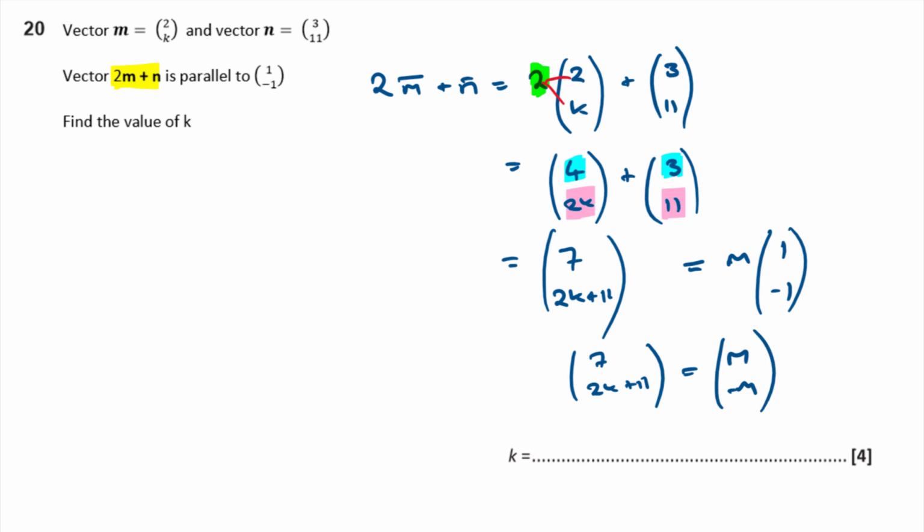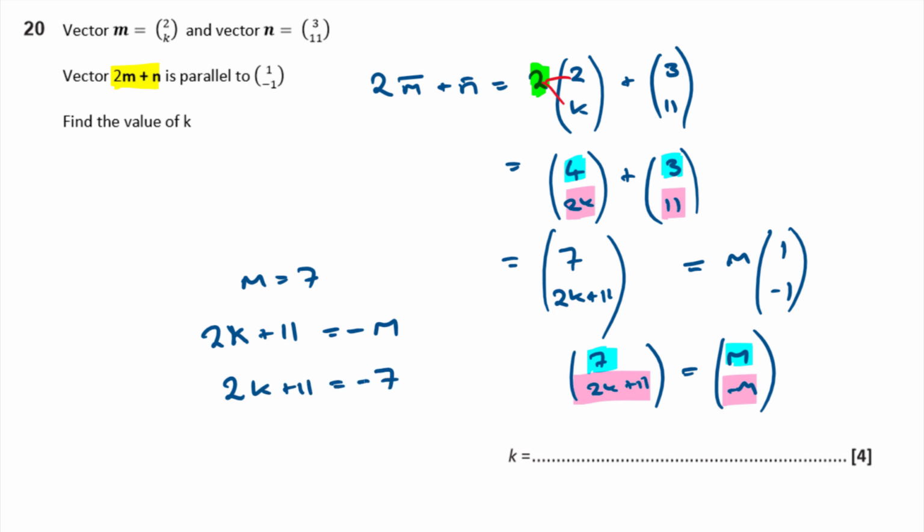If I compare the top numbers, I can see that m equals 7. And then comparing the bottom numbers, 2k plus 11 must be the same thing as minus m, which we've just found out is minus 7. So 2k plus 11 equals -7.